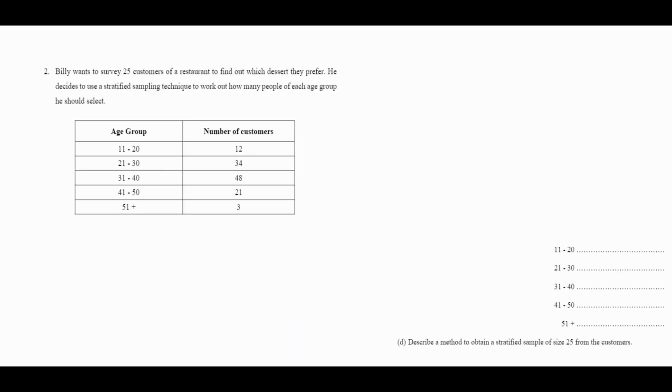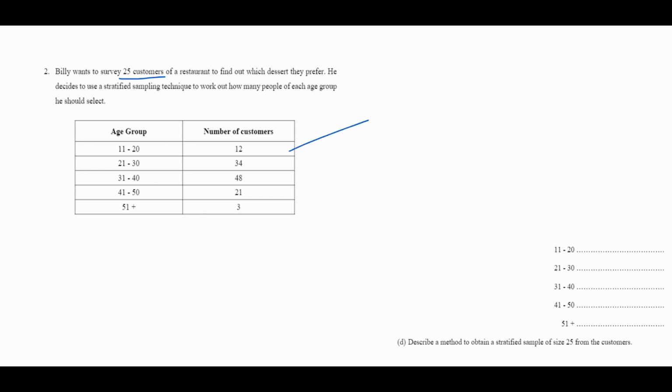Question number 2. Billy wants to survey 25 customers at a restaurant to find out which food they prefer. He decides to use the stratified sampling technique to work out how many people of each age group he should select. So the age groups 11 to 20, 21 to, and so on are noted down. He wants to select 25 customers.